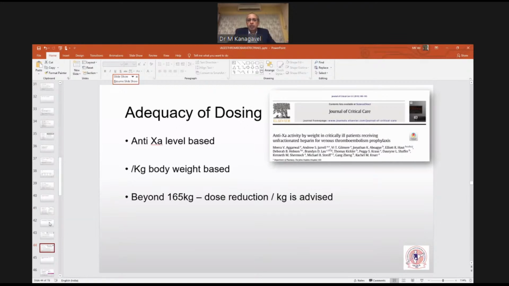So I think this monitoring that you have mentioned, monitoring the anti-Xa levels post-operative, is not really required. We don't need to even titrate the dose against the weight of the patient.